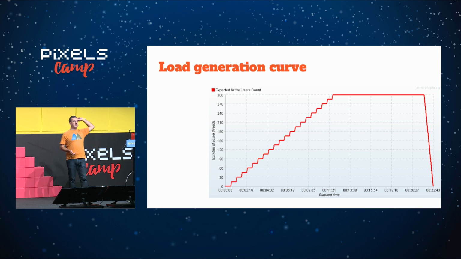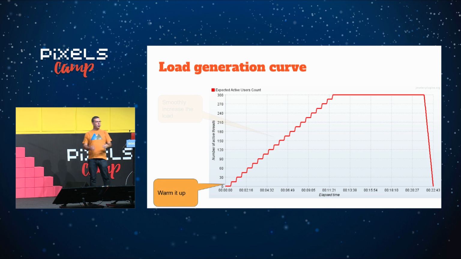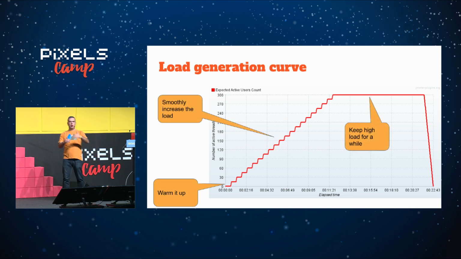Usually I prefer curves where we start low, just to warm up. So we start with one user generating moderate load to warm up the server, and then we start increasing the number of users progressively.